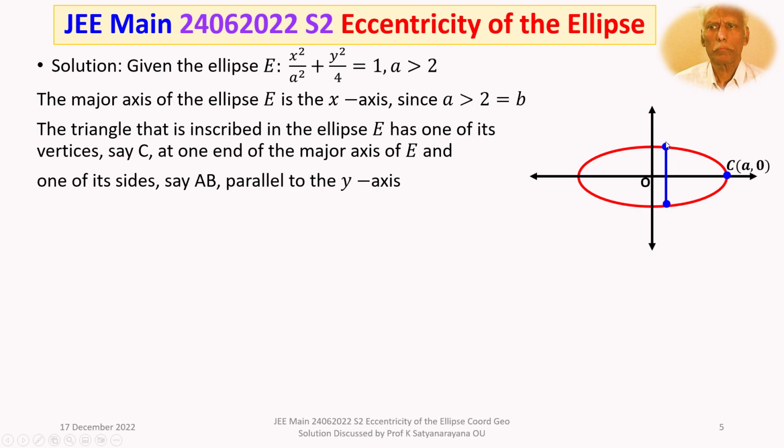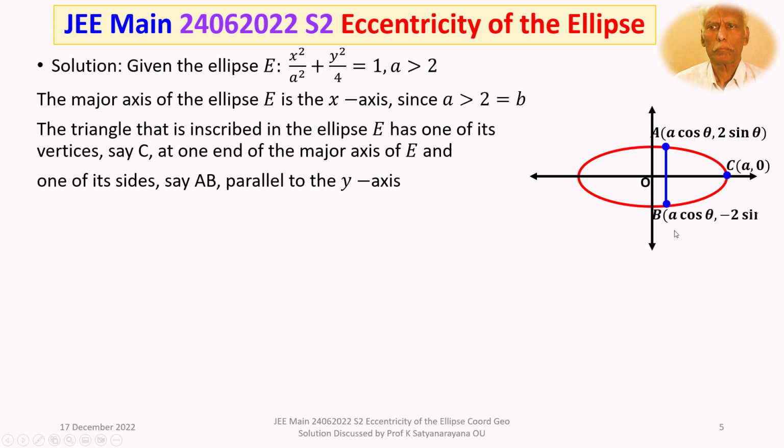The coordinates of A, you can take as a cos theta comma 2 sin theta. Why? Any point on x squared by a squared plus y squared by b squared is equal to 1 can be taken as a cos theta comma b sin theta. In our case b is 2, therefore the coordinates of A can be taken as a cos theta comma 2 sin theta.